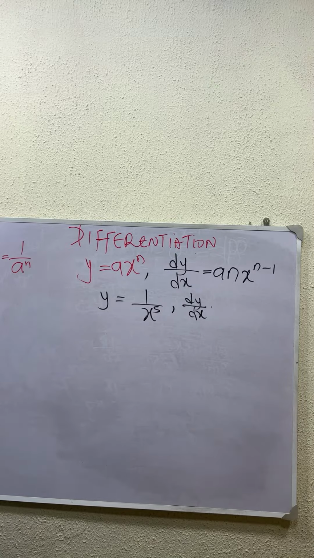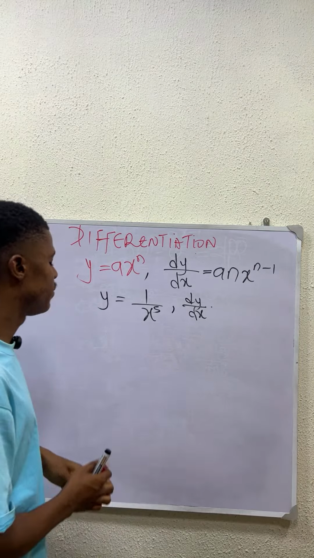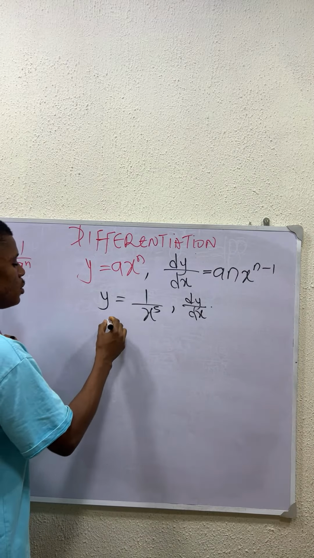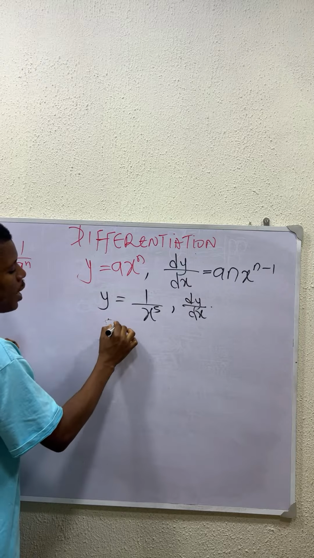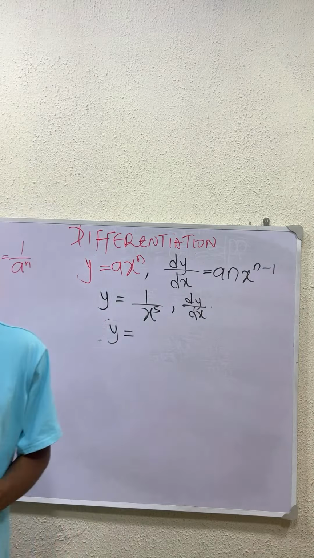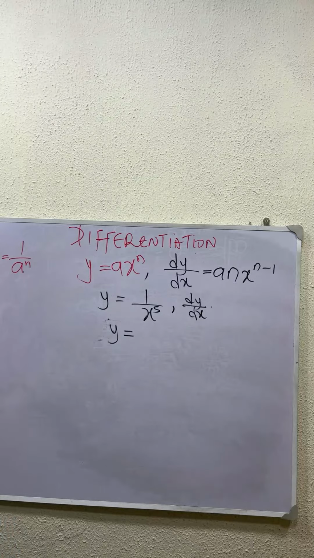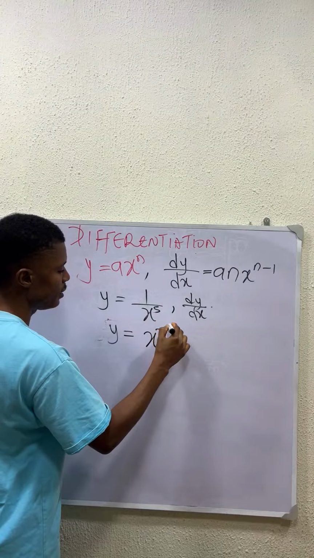So let's rewrite y. Instead of 1 over x power 5, we can easily write it as x power negative 5.